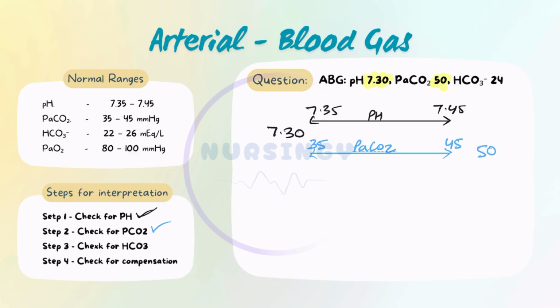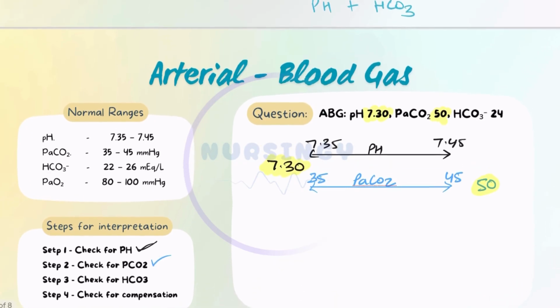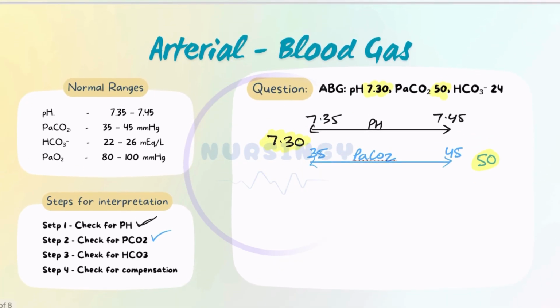We can still go for HCO3, but because in the first two steps we have already found that the patient is acidic from 7.30, and because PaCO₂ is going on the opposite side, it is respiratory acidosis.